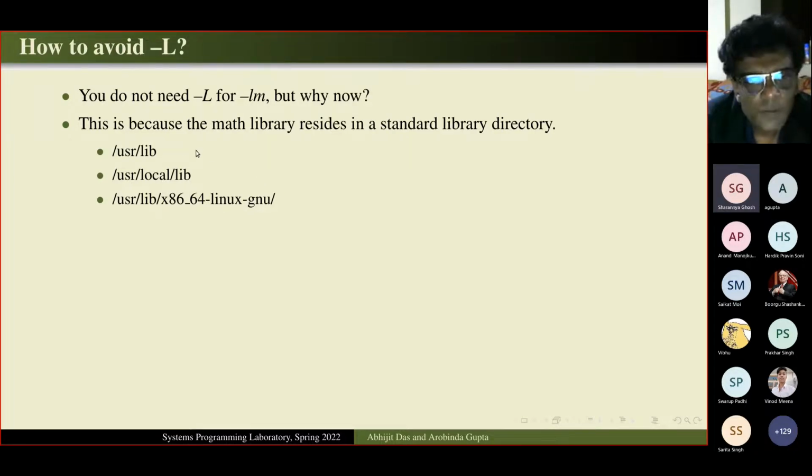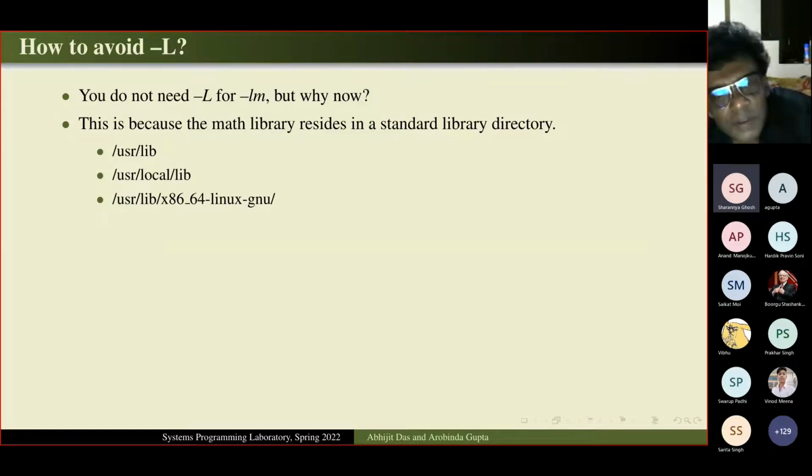So if your libstack.a resides in any of these directories, then you do not require that -L option. Then LD knows where to search without any special directive. It will find that library there and do the linking.